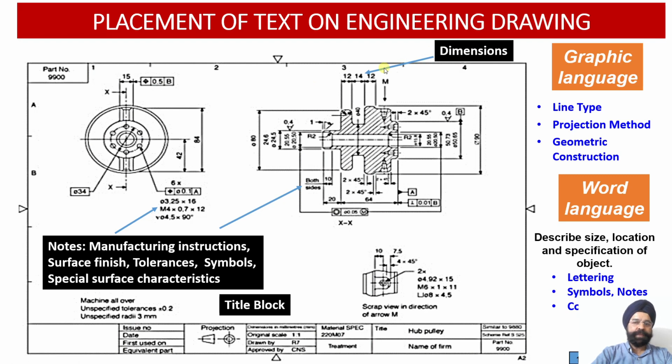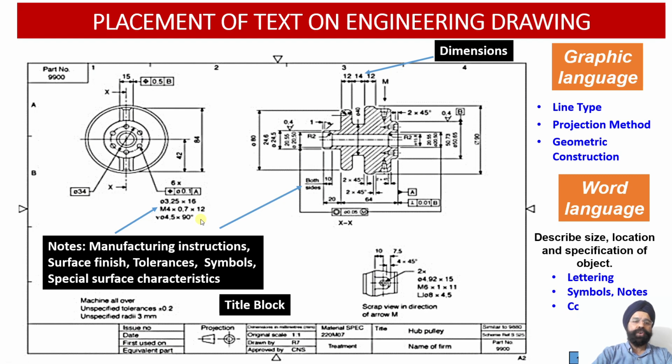Then the second thing is, besides putting down the dimensions, we have to put down the manufacturing instructions onto our engineering drawing regarding what type of surface finish requirements there will be, what type of heat treatment requirements there will be for the given products, and what type of special machining characteristics will be required at different locations of the given component.